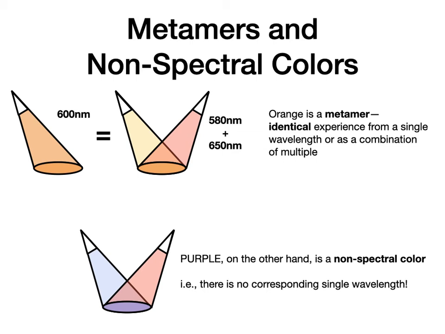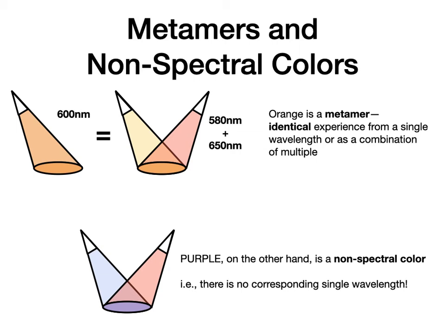Whereas purple is actually a non-spectral color, which is odd, but it kind of makes sense, right? Blue is very high frequency, red is very low. Combining blue and red gets you purple. There is no raw single color that gives us purple, and yet we're able to experience it strictly through the combination of having lots of blue happening and having lots of red happening.